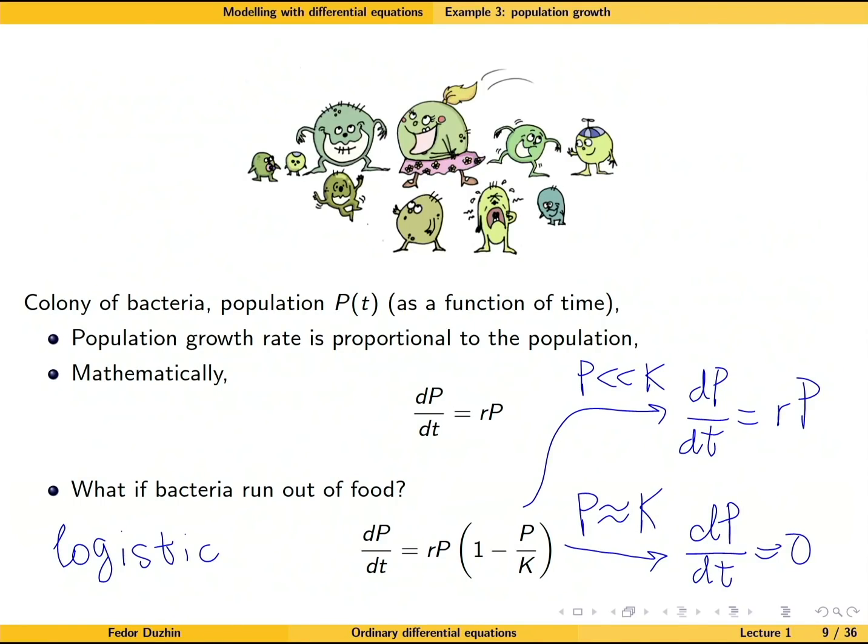And of course, if it is constant, then it has to be exactly K. So in other words, this logistic differential equation would tell us that at first the population of bacteria is growing according to the law where the growth rate is proportional to the population, but eventually the growth rate goes down, and then the population of bacteria stabilizes and becomes almost K, or slightly less than K, and then the more time passes by, the closer it becomes to K. And so here is the logic behind this logistic differential equation.